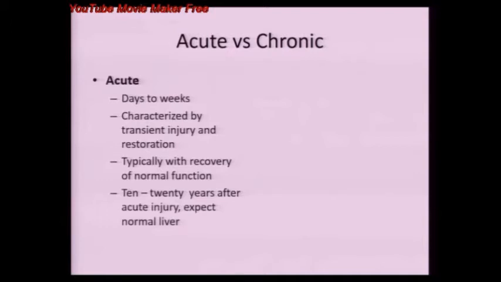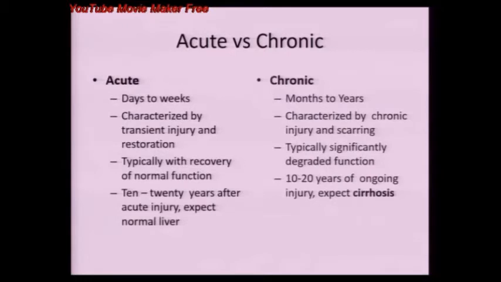But chronic liver disease takes place over months and years, and really decades, characterized by chronic injury, low grade but ongoing, unrelenting, and typically results in very significantly degraded function and ultimately the evolution of scarring of the liver, which is responsible for most of the mischief. So they're just different in character. This is a recovery. This is a long-term, ongoing scar formation, distorting the architecture of the liver, as we'll see.